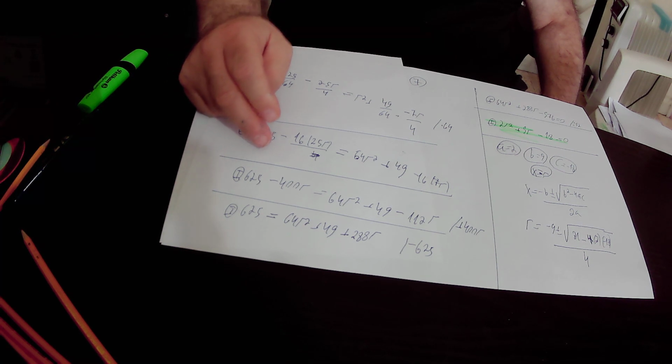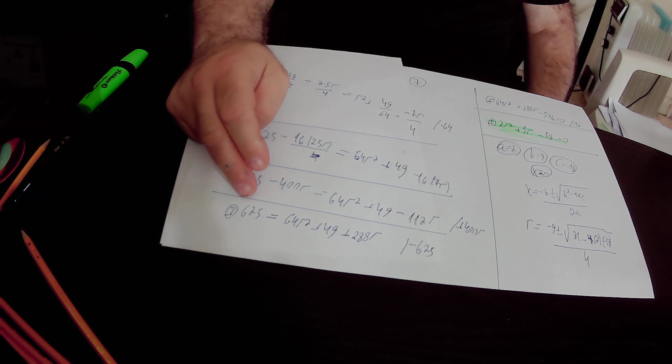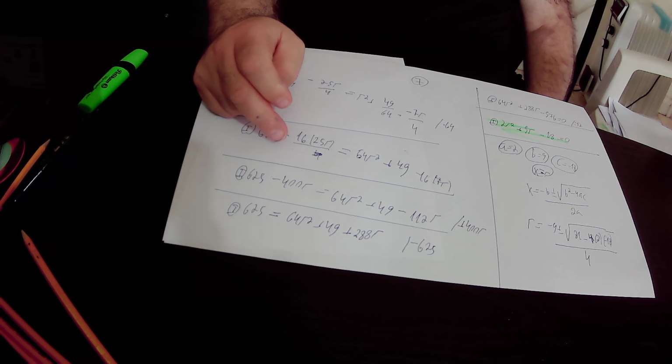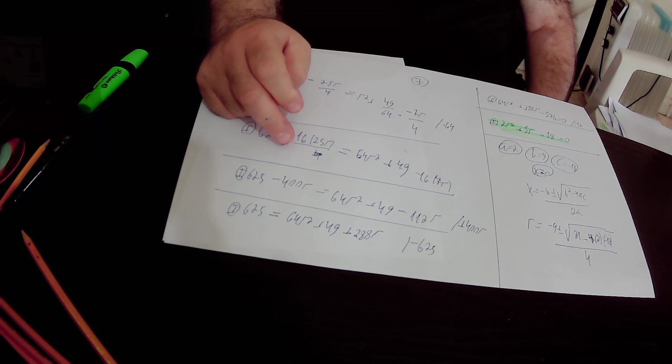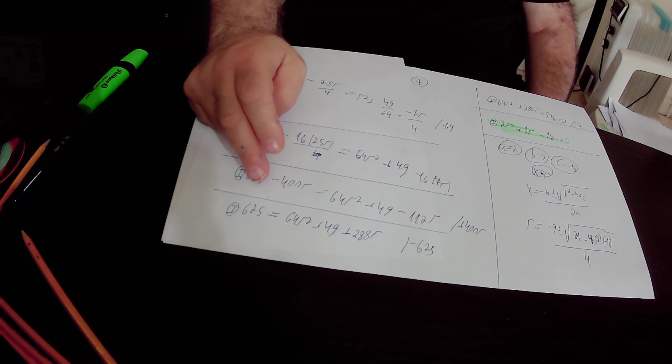and here we get 625, and here we have 400r minus 400r is 0, so here we are left only with 625.